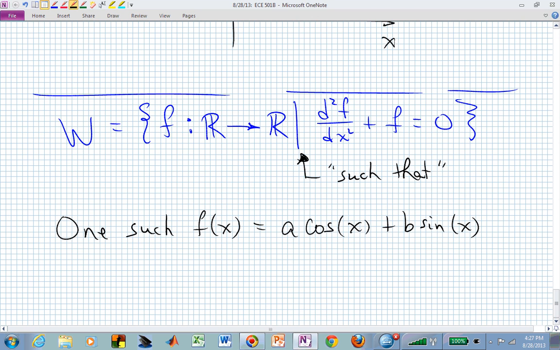And so now we've boiled this f of x down to a 2-vector. This corresponds to a 2-dimensional vector.